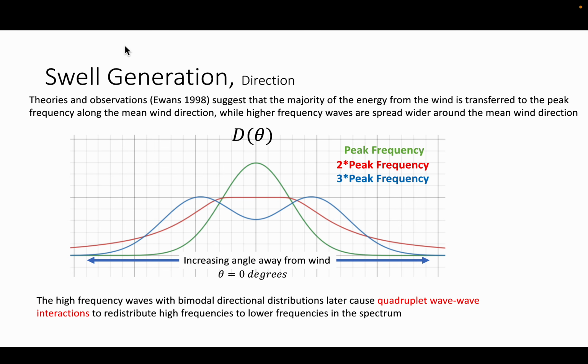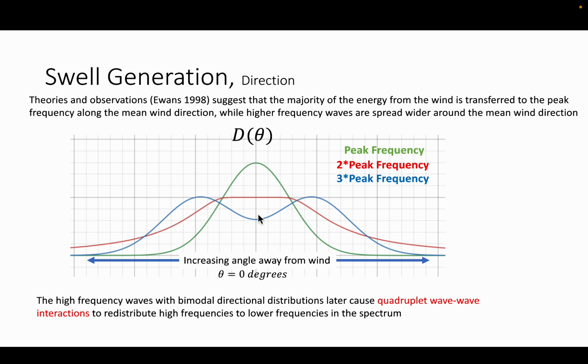Okay, let's talk about swell generation with respect to direction. As wind blows downwind, the bumps, the energy, don't just go straight downwind. They're going to form at angles off to the sides of the wind. This green is going to be our peak frequency, and that's 0 degrees off of the downwind angle.